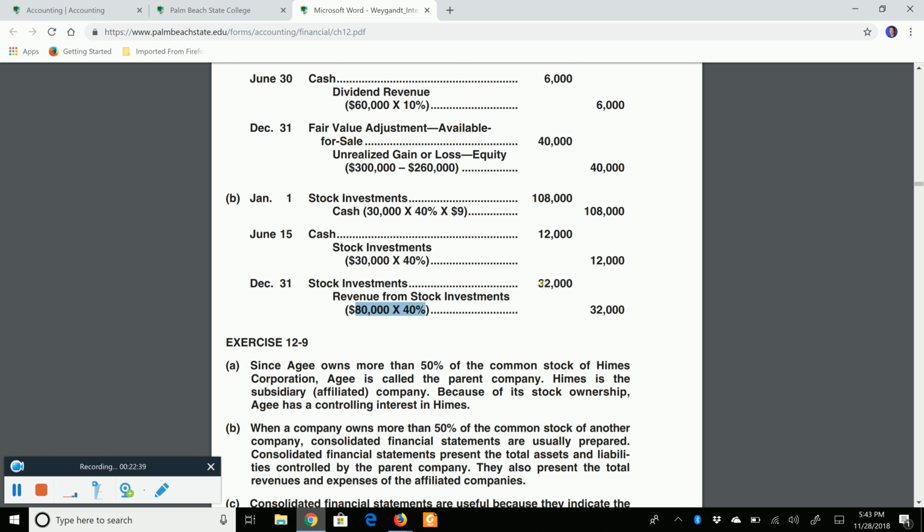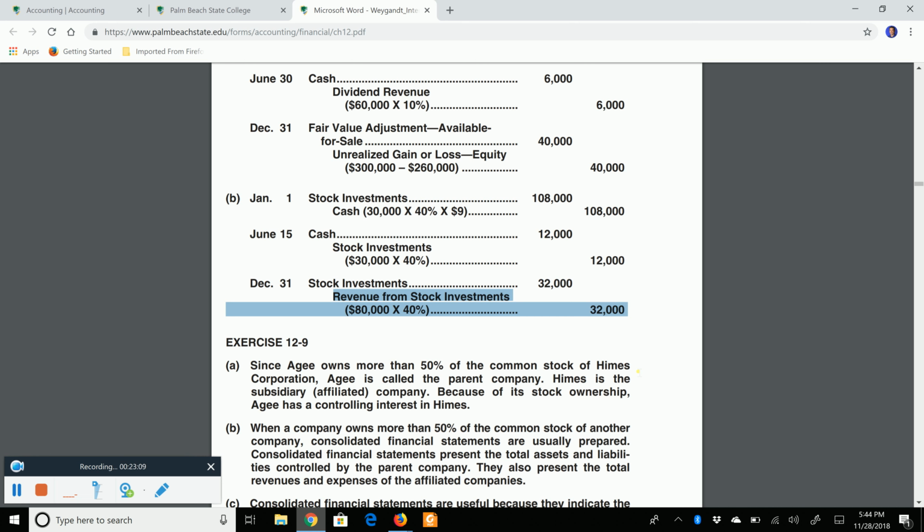We're going to increase our investment account with a debit asset, and we will credit our revenue account, $32,000. So once again, this is a really good exercise, probably my favorite exercise in this chapter, because it really goes through the details of the differences between the cost method and the equity method.